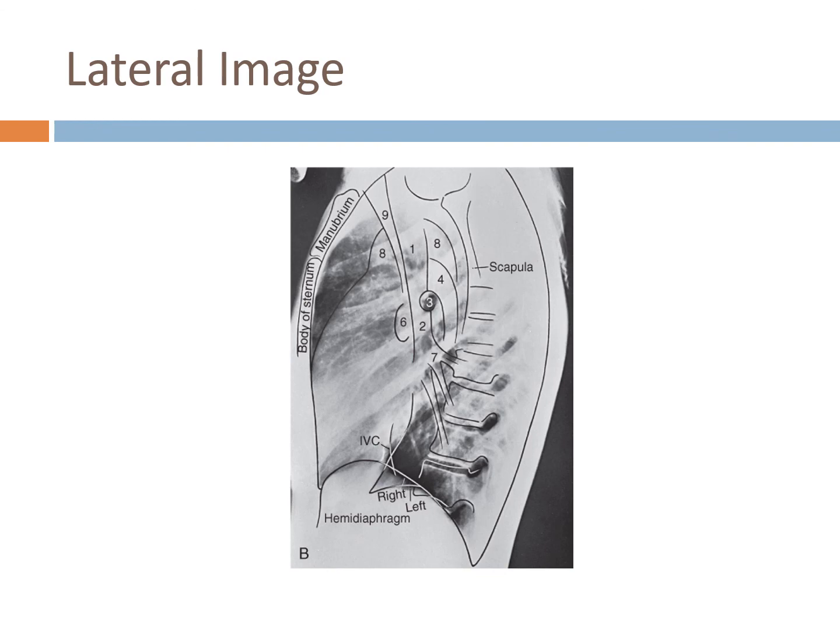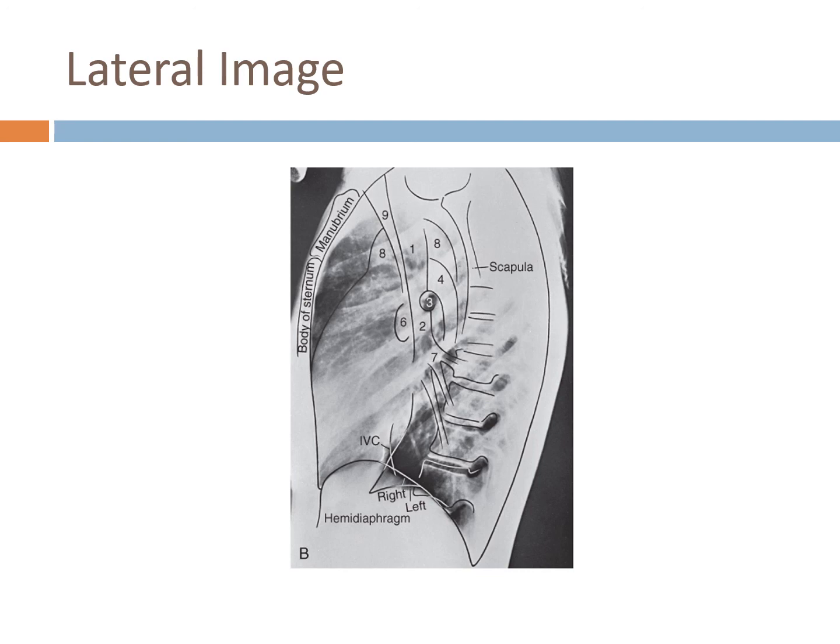And then this being the lateral view, the things that you can identify here. Again, trachea is number 1, the right main stem being number 2. This would be a left lateral, so you're looking at the left side.